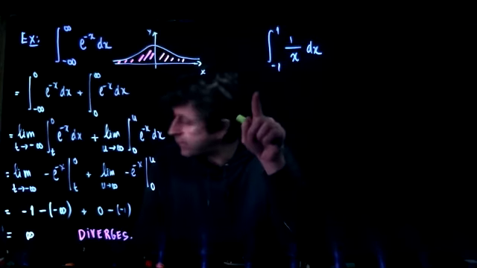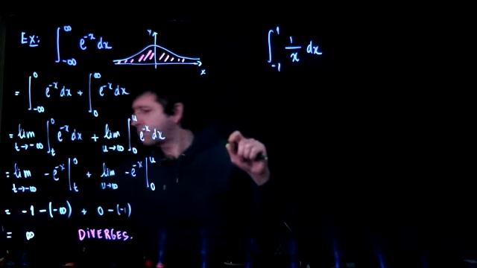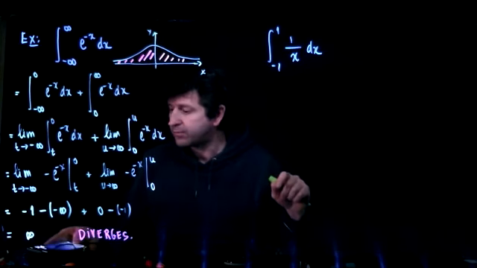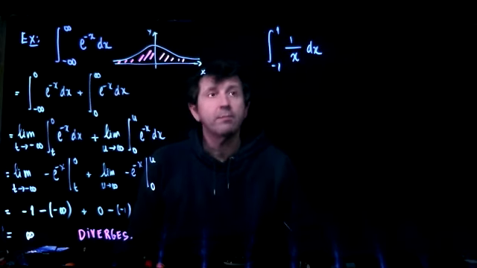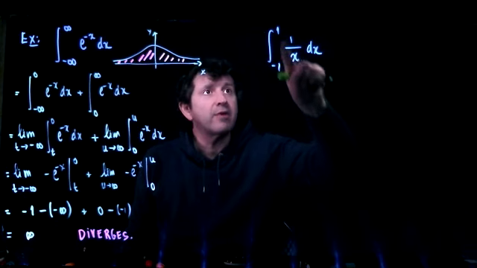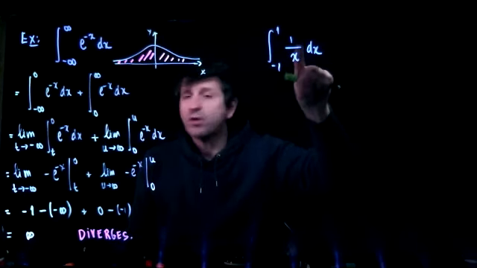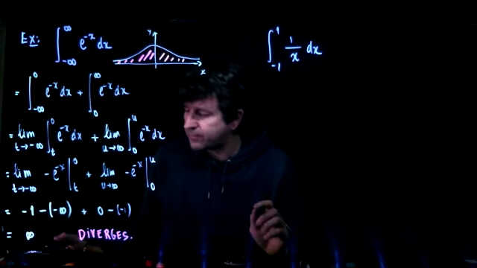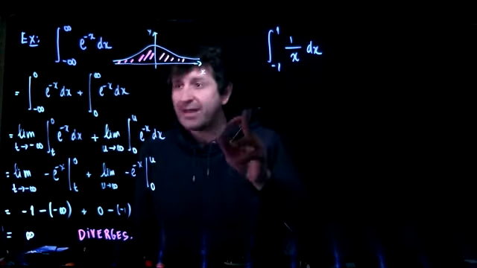Now this one is trickier. Because if I plug in 1, I have no problem, and if I plug in -1, I have no problem. We're out of time, so I'm just going to do it fast.